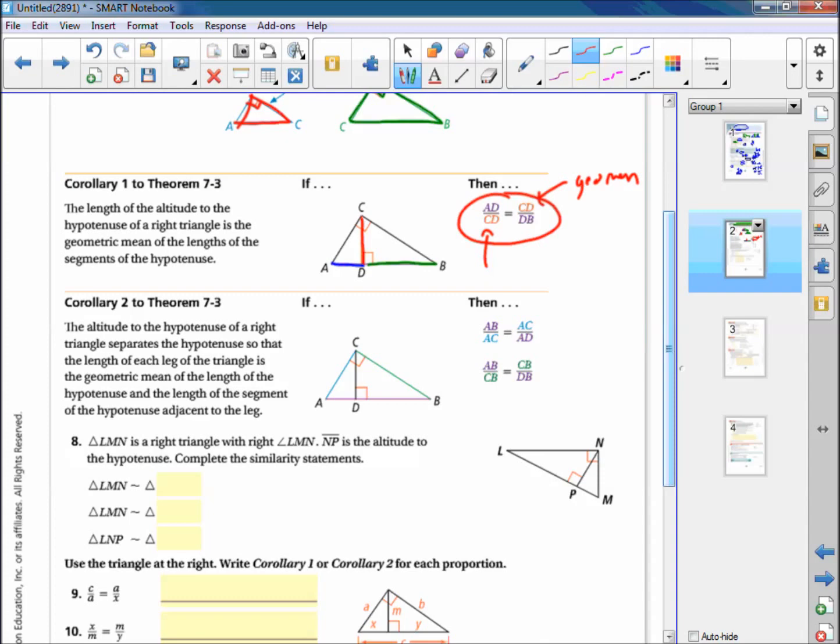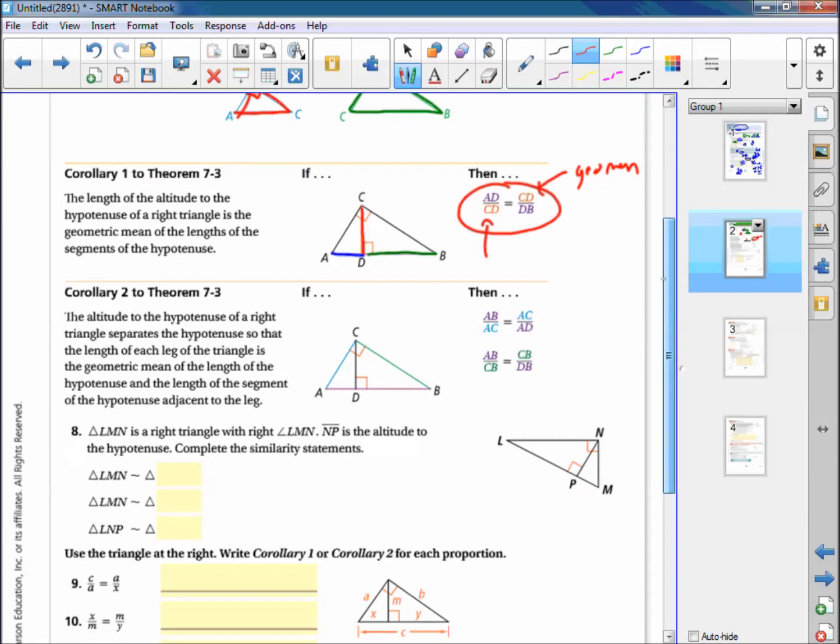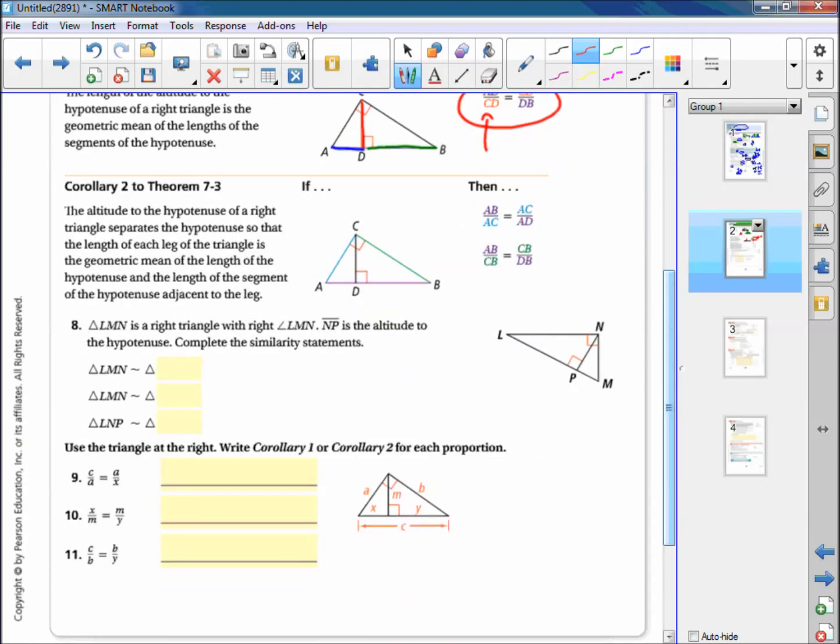All right. Corollary 2 to theorem 7.3 says the altitude of the hypotenuse of a right triangle separates the hypotenuse so that the length of each leg of the triangle is the geometric mean of the length of the whole hypotenuse and the little piece of the hypotenuse that's cut off on that side. Okay, so there's two ways that this can happen.